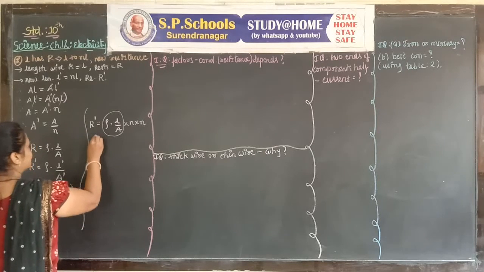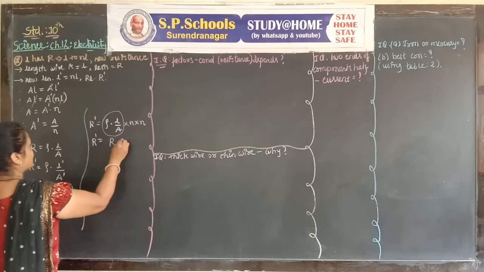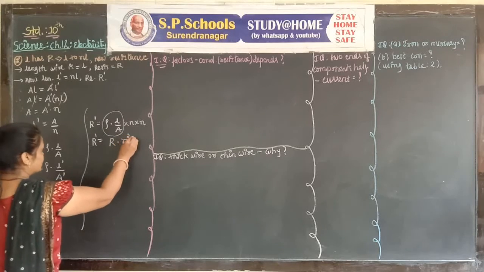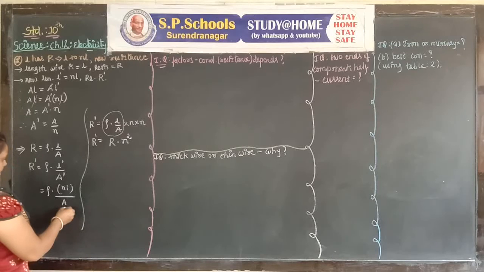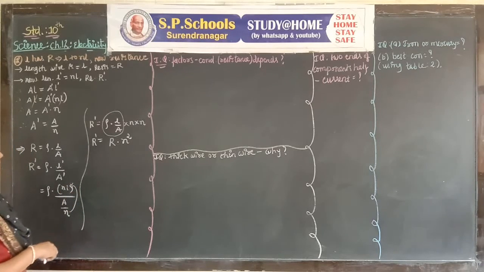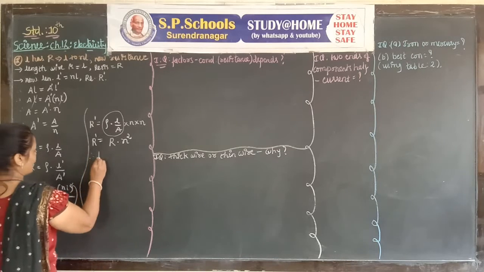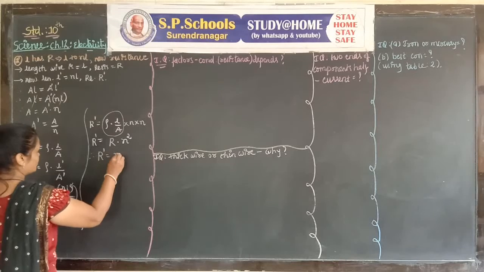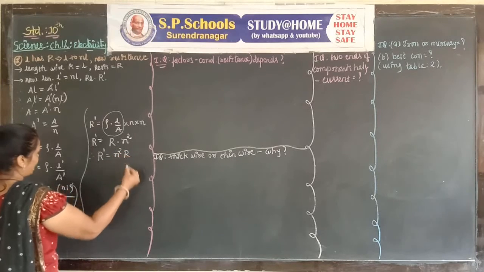So R dash is equal to R into N square. Here N can go to the upper side and N into N. So R dash is equal to N square R.